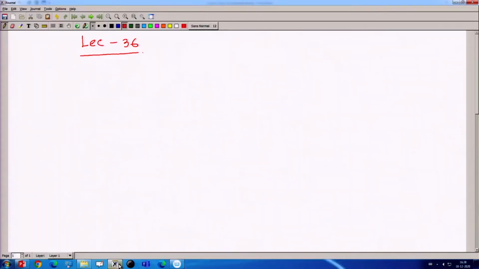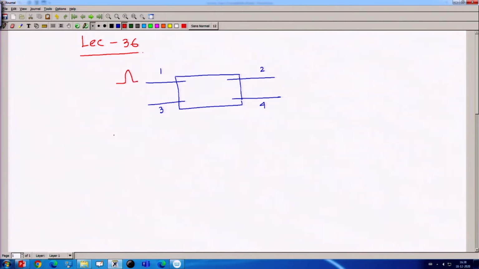In the last class we already started the concept of the directional coupler, where we mentioned that if I have a structure like that having 4 ports, and if I launch a light in this port, there is a possibility that I can have the light here, which is called switching.